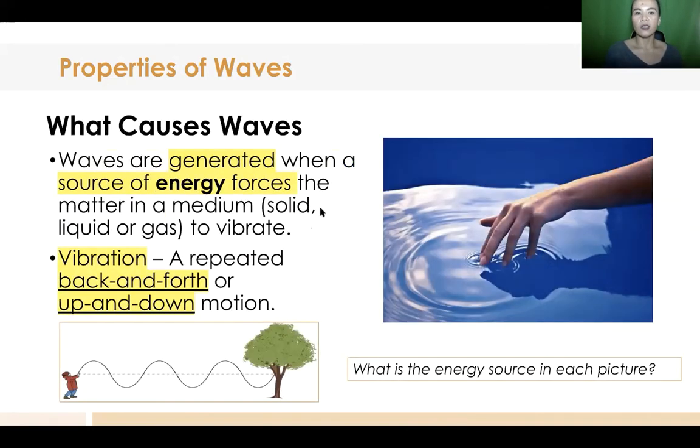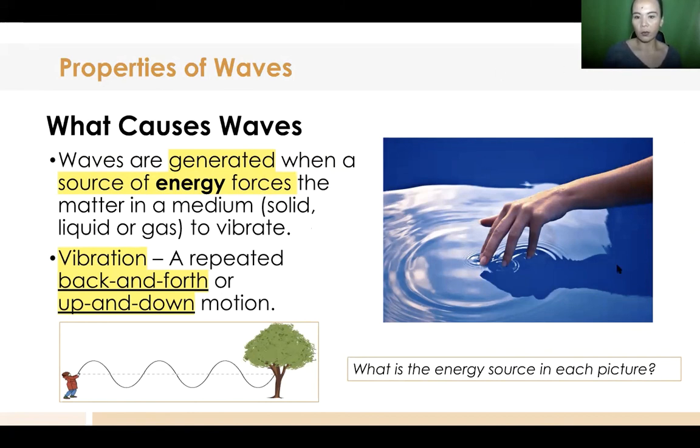All right, what causes waves? It is generated when the source of energy forces the matter in a medium. Okay, so when you apply energy to some medium, it can be solid, liquid, or gas, it causes that object to vibrate, and that vibration, which is a back and forth or up and down motion, of course, generates waves.